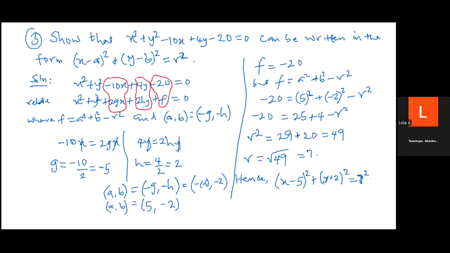So you can see the disparity and similarity when you are given the expanded form and when you are given the completed form. So the expanded form, you can also find the center and the radius from that. Yes, sir. Okay.